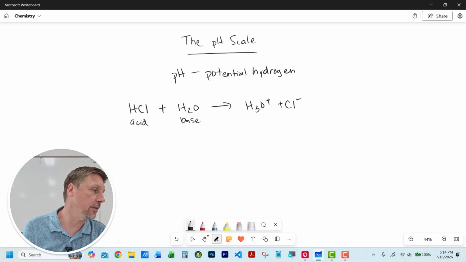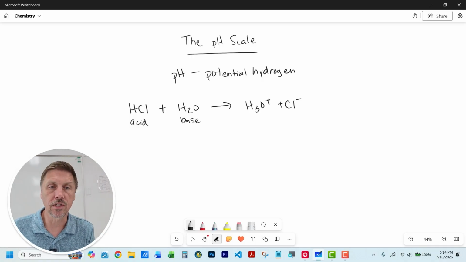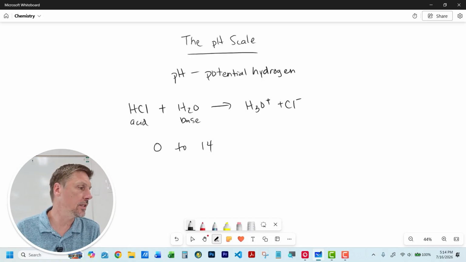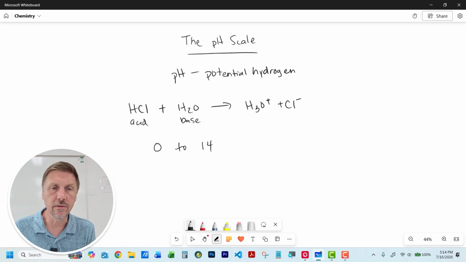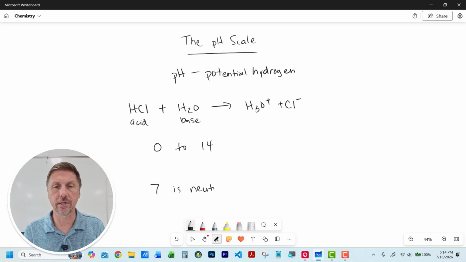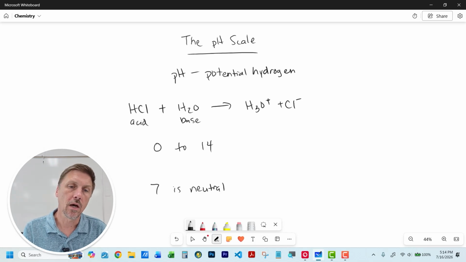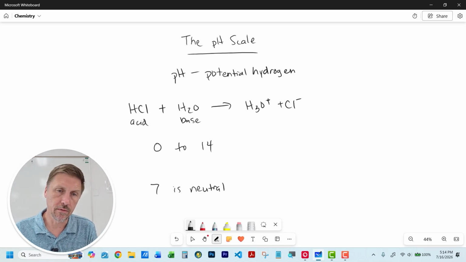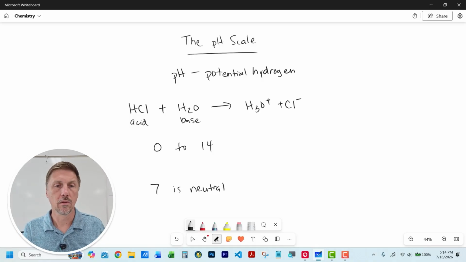And the scale runs like this. The scale is from 0 to 14. Basically, if it's 7, it's neutral, neither acidic nor basic. If it's below 7, it is acidic.